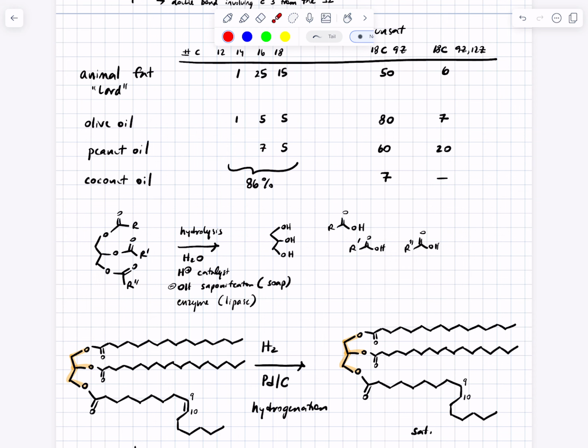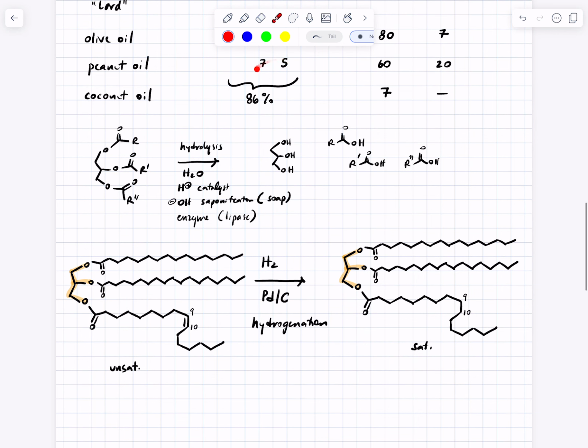And so there's a couple different strategies, but one of them is to simply hydrogenate the peanut oil so that more of these unsaturated fatty acids come over here to the saturated portion, and then the oil is more of a solid, more of a fat, and will not separate from the other components of peanut butter.